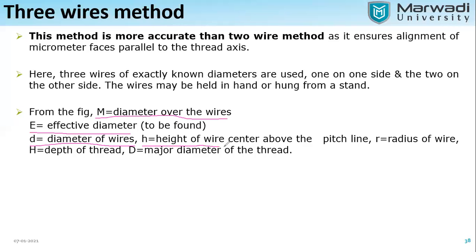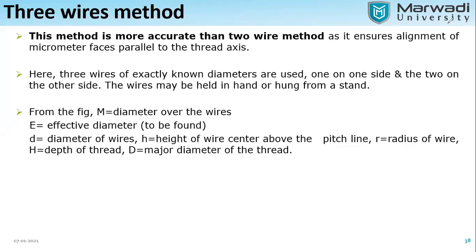H is the height of the wire center above the pitch line, so that you will get an idea from the figure. R is the radius of the wire. Capital H is the depth of the thread. Now here it is required to mention and we have to use it. And capital D is the major diameter of the thread.